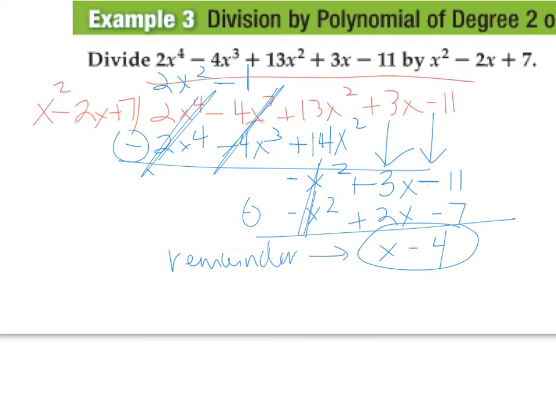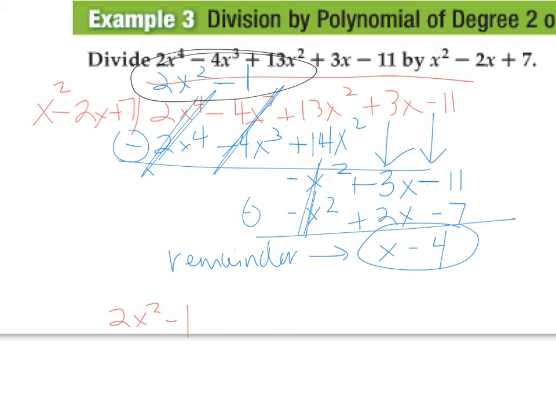So how I write this as a remainder, I'm going to keep my quotient, but it's going to have a remainder with it. And so it's going to be 2x squared minus 1 as my quotient. And then I'm going to treat this like it's a fraction.